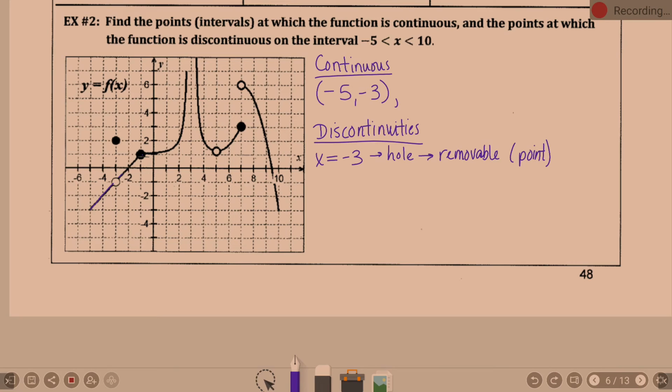So -3 over to 3. Why did we stop at 3? X equals 3 is an asymptote. Doesn't really show it, but based on the action of the graph, we can assume that is an asymptote.